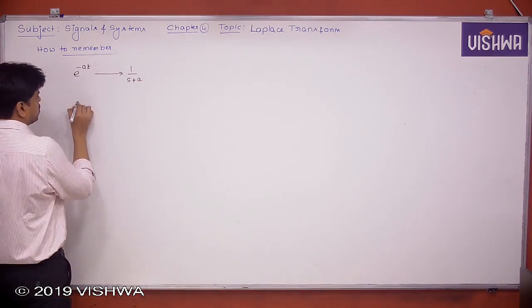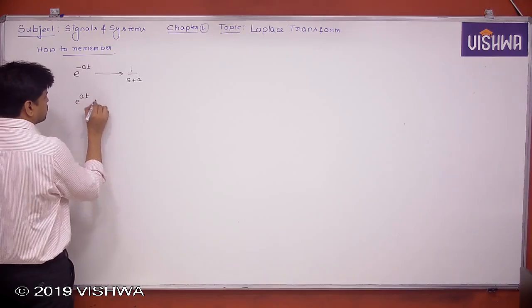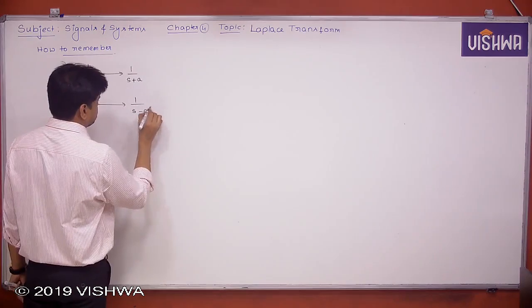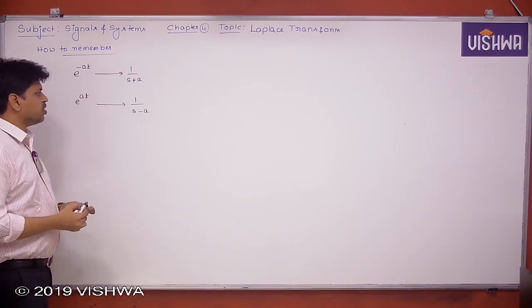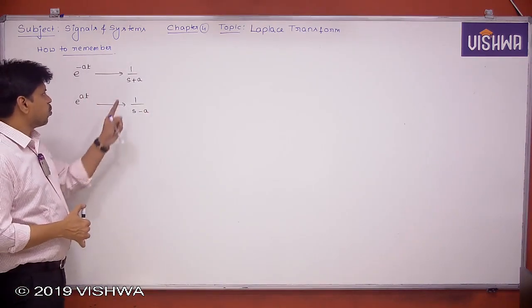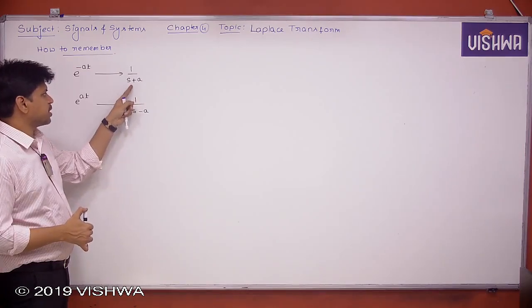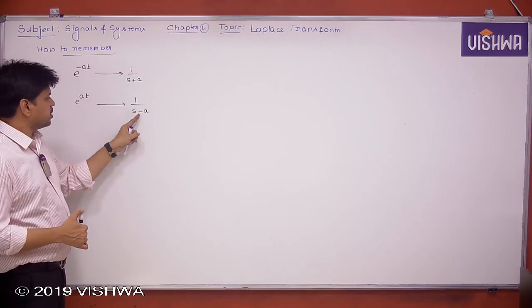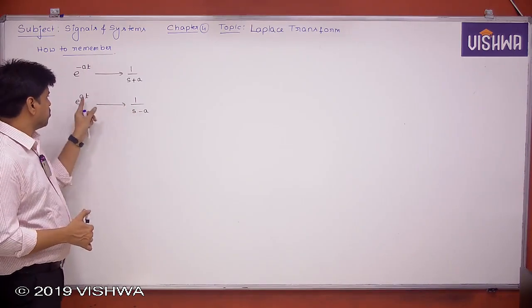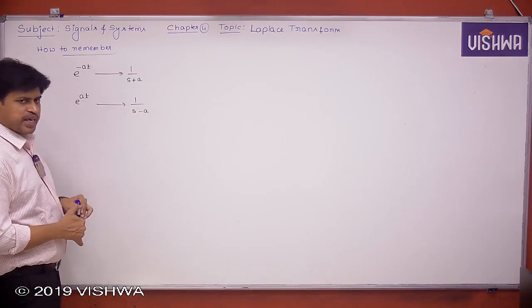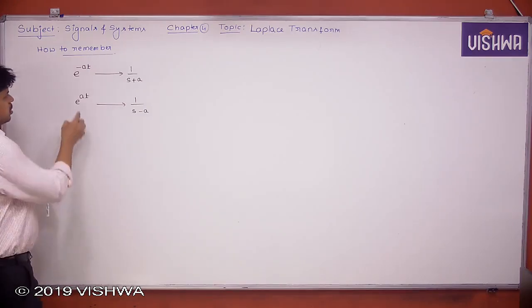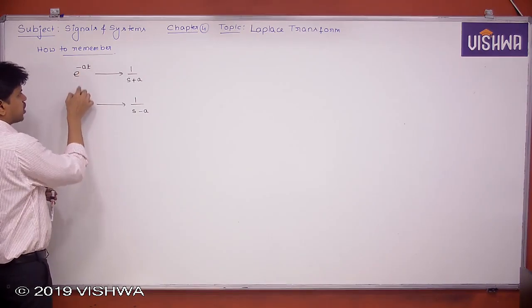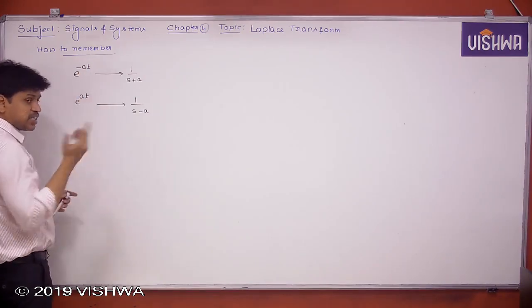Whenever you see e power at term, then just write 1 by s minus a. Now if you observe carefully, what is the pole here? Minus a. And here? Plus a. From this, can I conclude one thing? In the exponential, the coefficient of t itself is nothing but the pole.